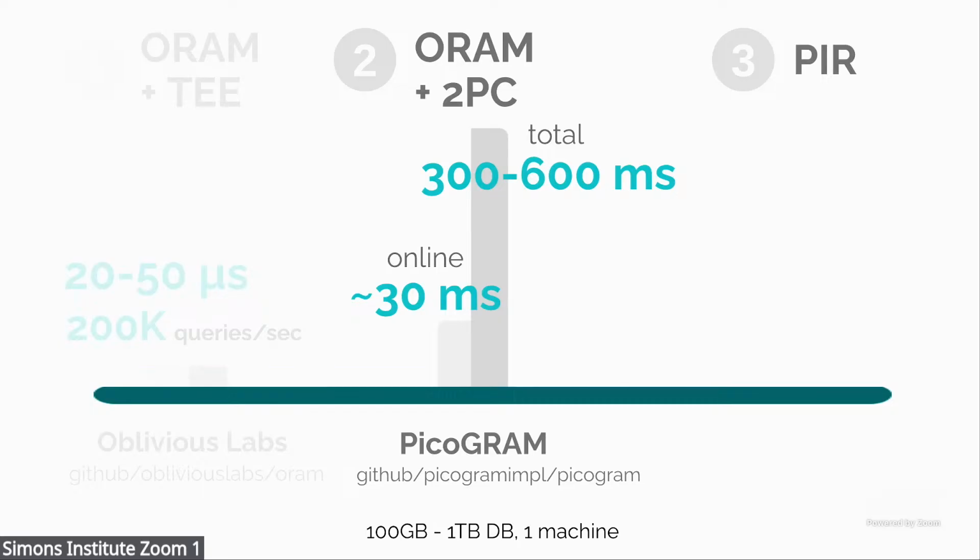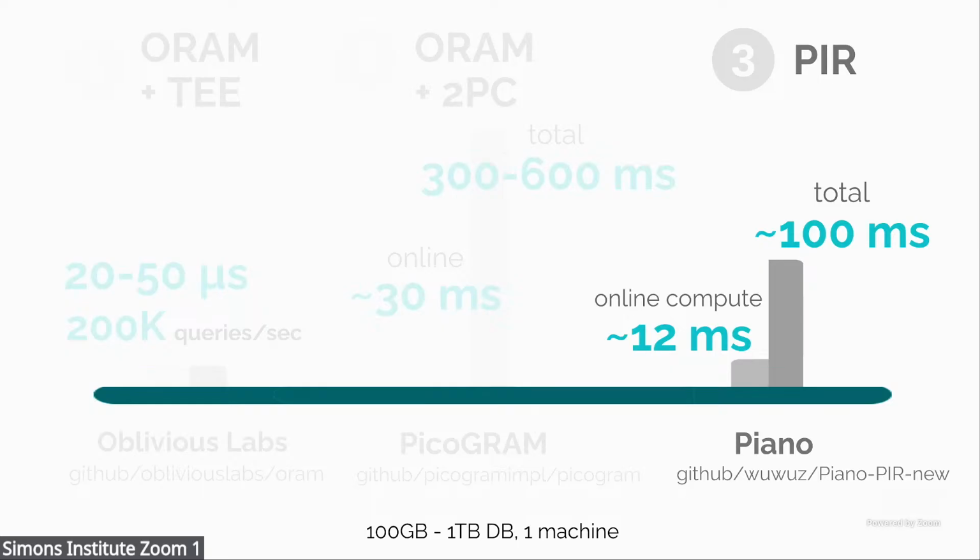Okay. And then PIR, this is based on our Piano implementation. And the online computation time is 12 milliseconds. The total time is about 100 milliseconds, but really most of this is just ping latency. This is running on a network with 60 millisecond ping latency.